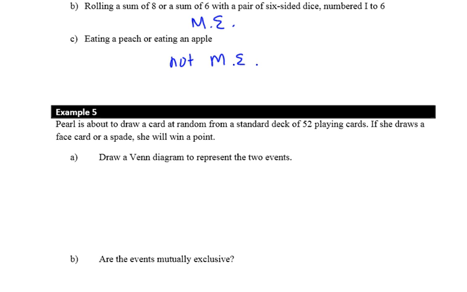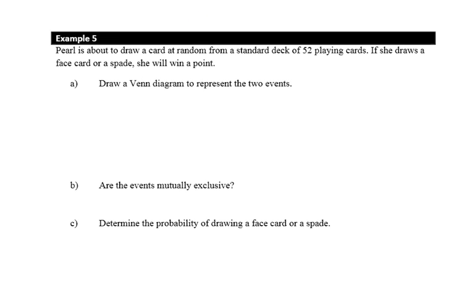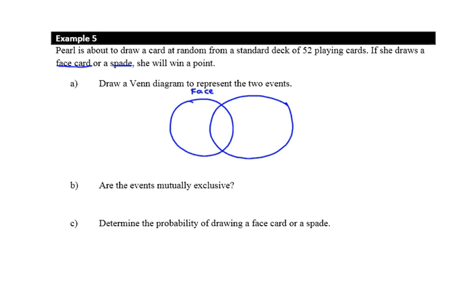Pearl is about to draw a card at random from a standard deck of 52. If she draws a face or a spade, she wins a point. Draw a Venn diagram to represent the two events. So we have face cards and we have spades. What are our face cards?